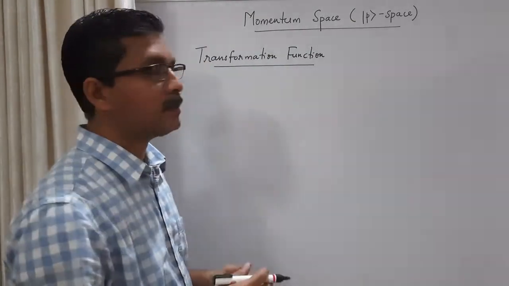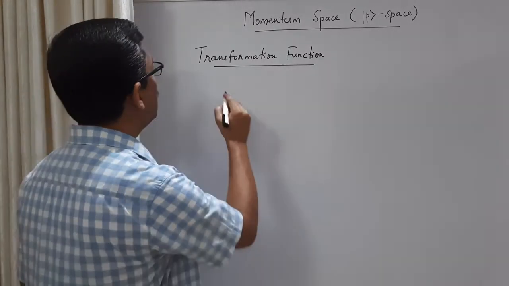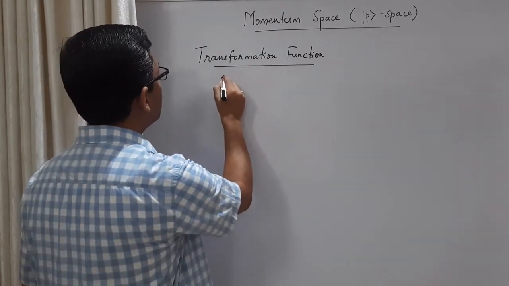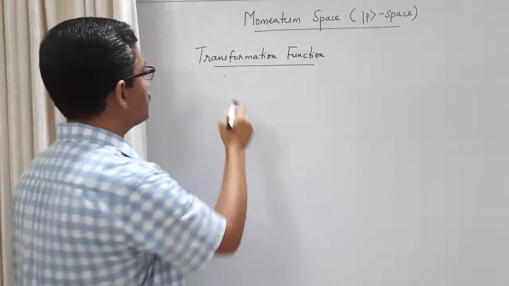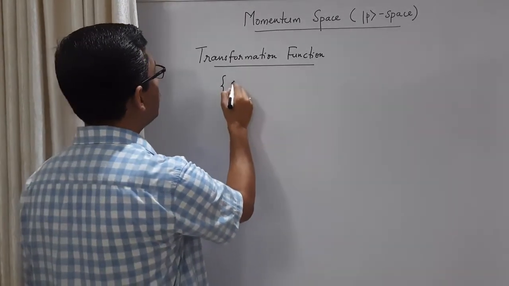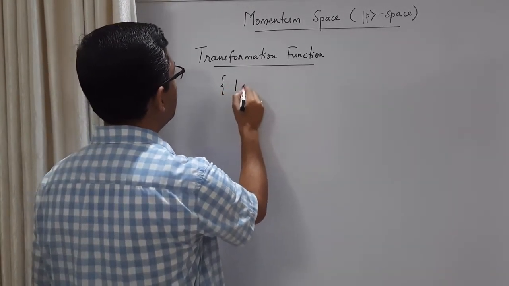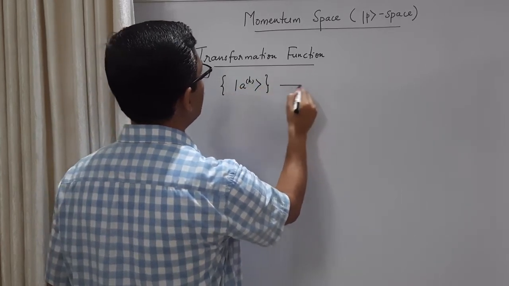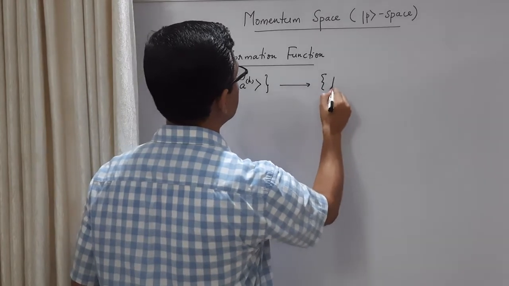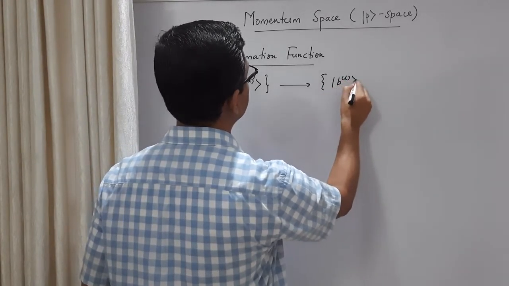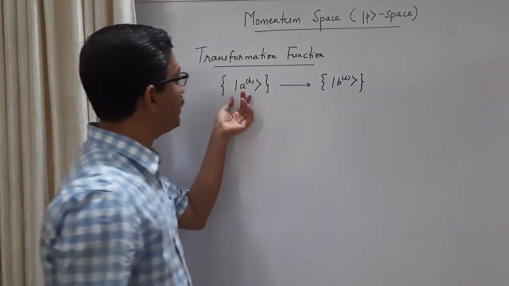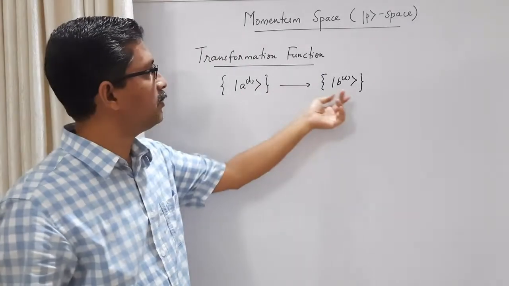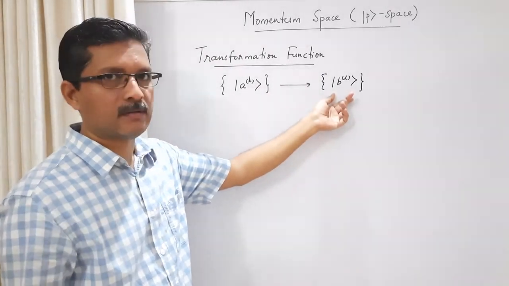In one of the previous classes, we studied how we can get a change of basis from an old basis set, let us say ket a_k, to a new basis set, let us say ket b_l. This may be the eigenkets of some operator, this may be eigenkets of some other operator.